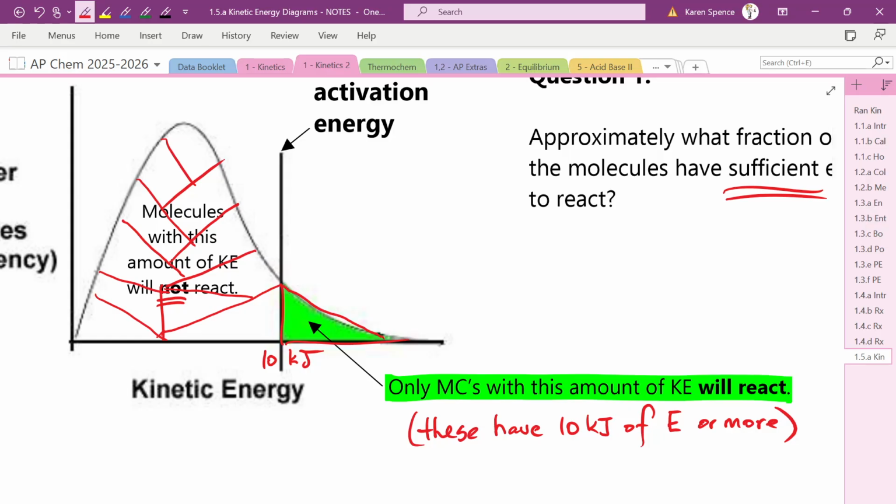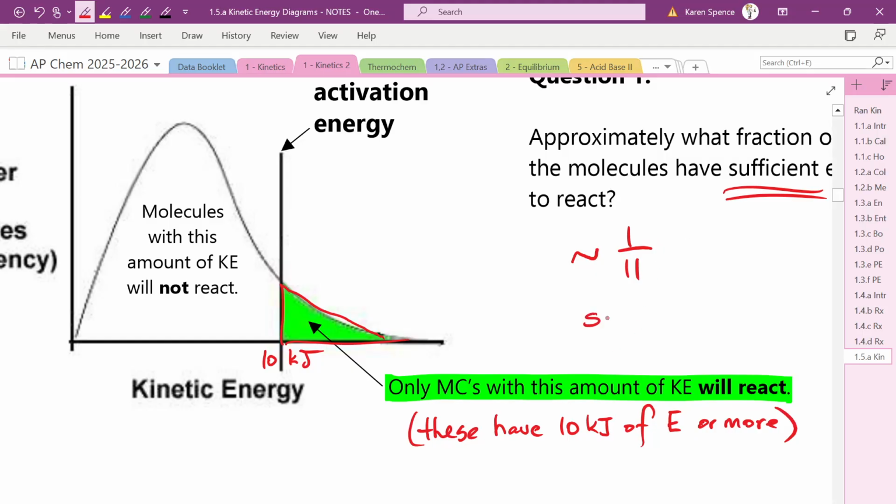I think in my last class I came up with 1/12, but you're not going to get it that close. At any rate, it's somewhere in the 10% range. About, let's just call it 1/11. You're not going to have to do that estimation anytime, okay? But what you need to realize is that this is a small percent.